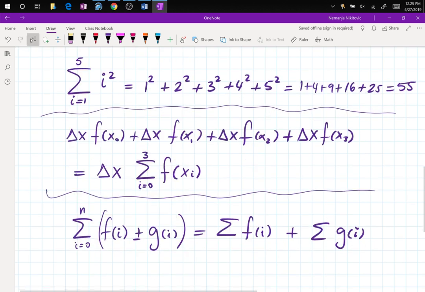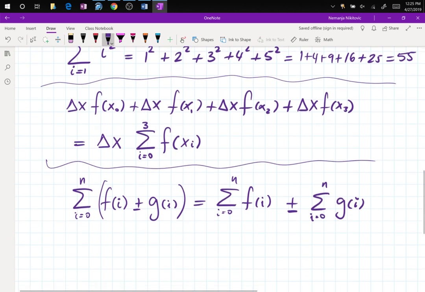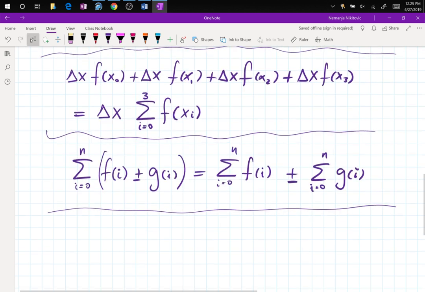If you have plus, it's plus. If you have minus, it's minus. Counters and everything stays the same. So we can break it apart. If you have plus and minus, sure, but product you can't, and division you can't.